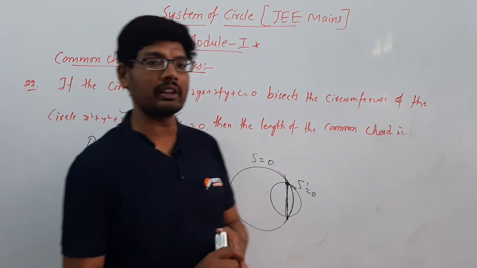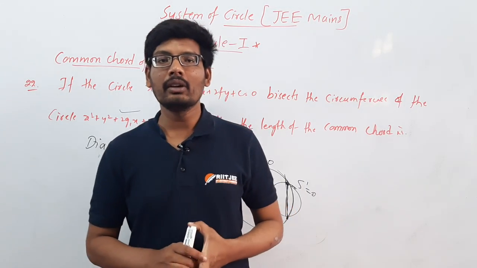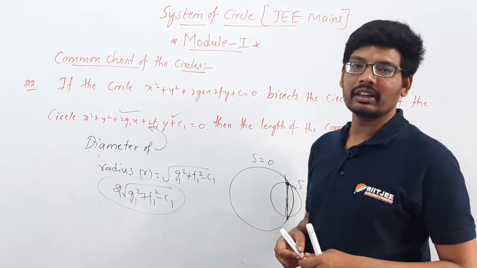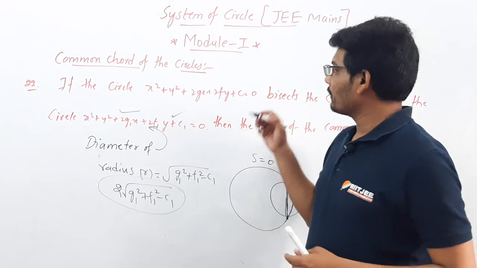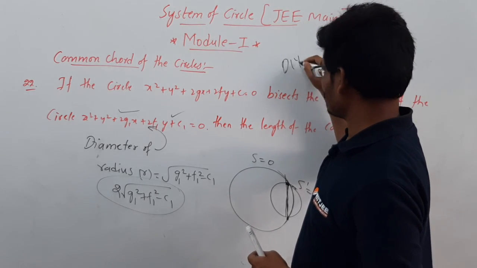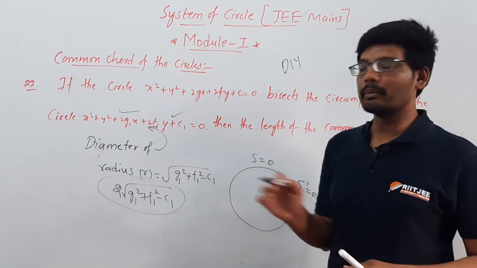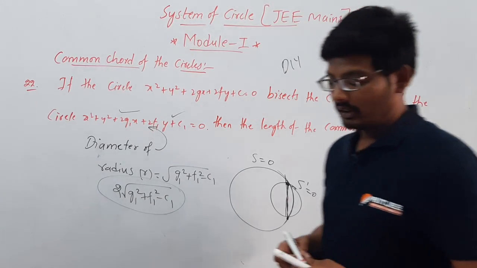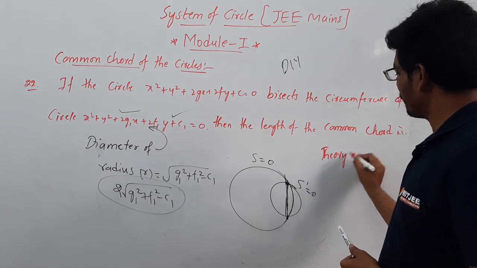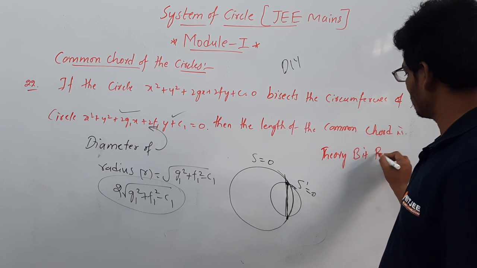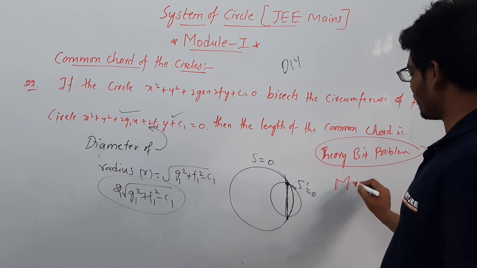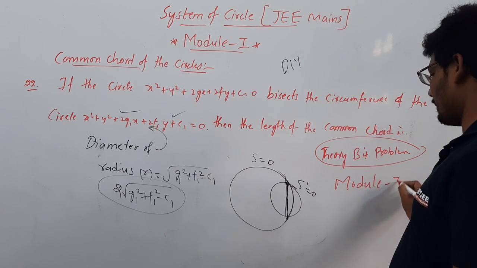This is all about the module 1 problems here. In module 1, from each topic we discussed some problems, and by your own, solve all the module 1 problems as well as the theory bit problems, and then solve module 1 completely.